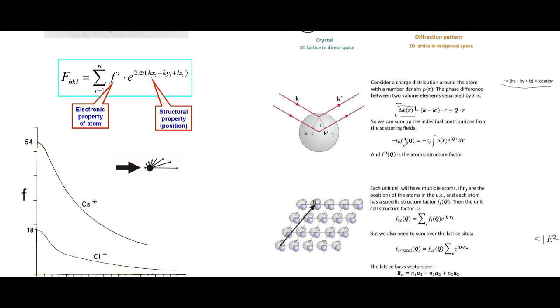And so with that, we can find our atomic structure factor here. You see this, the atomic structure factor, and that is one of the factors that we need in determining our structure factors for the full crystal.